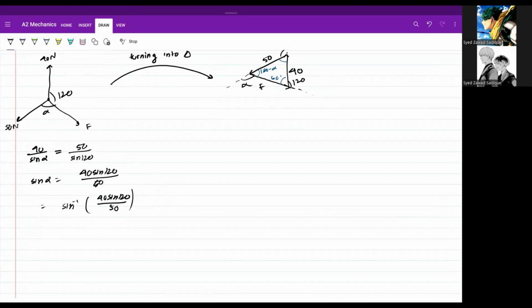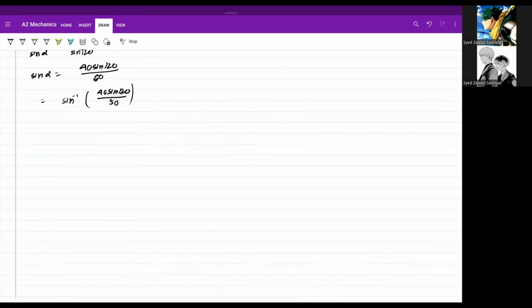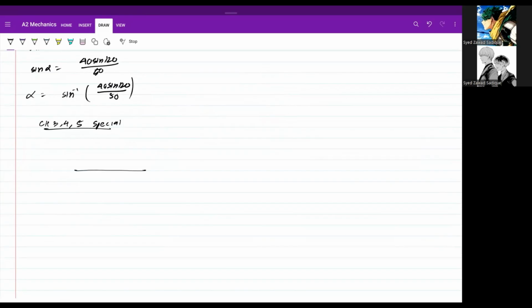What's next? Anything more to do with connected particles? Not really. Oh yeah, there's one more special case that you will find in the forces. You will see that there is a slope with theta angle or alpha angle.